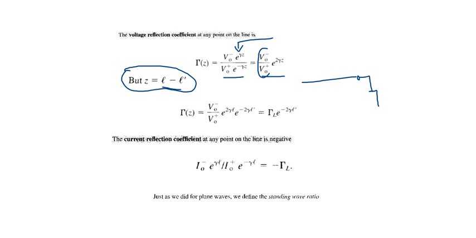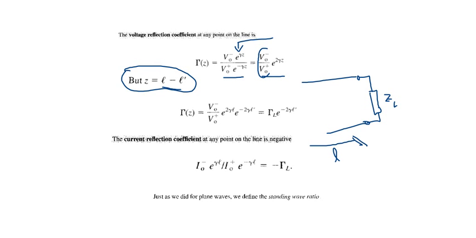Let's say this is my load impedance I'm drawing here, and this is the return path. If I'm measuring in the forward direction, then this is nothing but the length L from source to the load terminal.